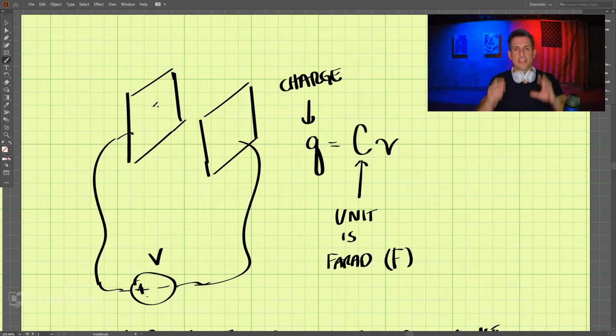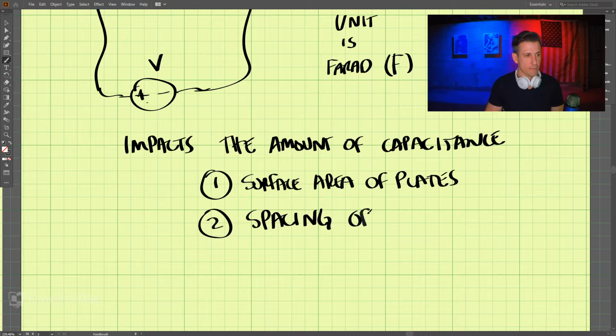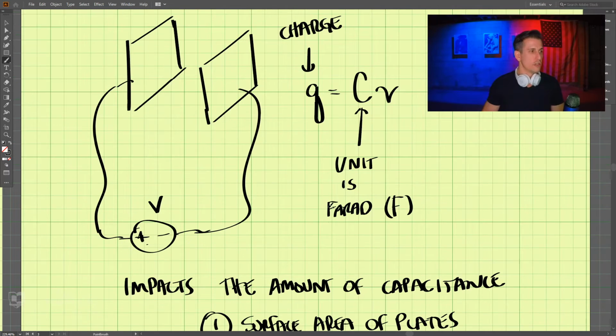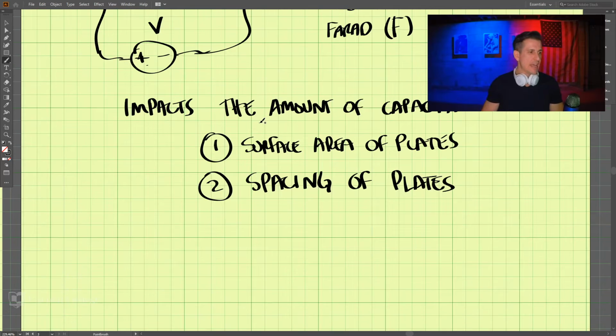So if the plates are bigger, they have bigger capacitance. And in addition to that, the spacing of the plates. How far these plates are apart impacts the capacitance. And in addition, the last one is the permittivity of the material.